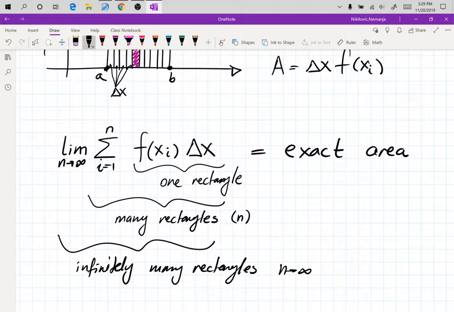Now, when you fit infinitely many rectangles between a and b, they have to be infinitely thin. Let's say your interval a and b is 2 and 7. 2 and 7 has a width of 5. 5 divided by infinitely many rectangles means the width of each rectangle is practically 0.